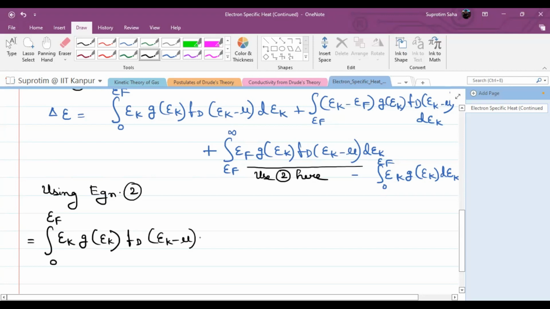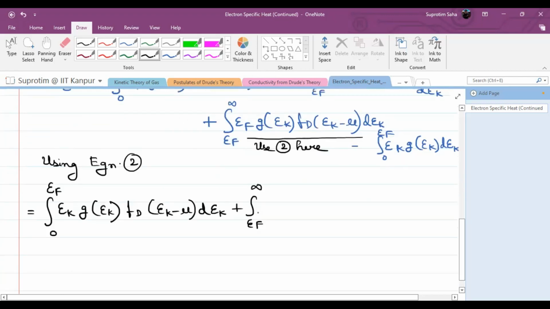So EK minus mu D of EK plus epsilon F to infinity, we had epsilon K minus epsilon F G of EK Fermi Dirac epsilon K minus mu D of EK. All right.